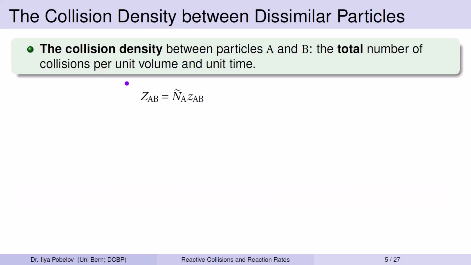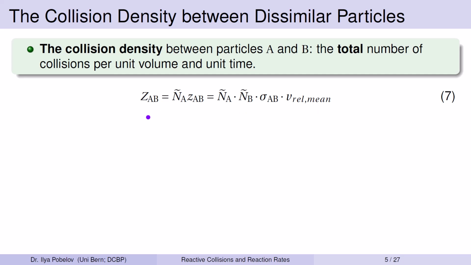The collision density between particles A and B, that is, the total number of collisions per unit volume and unit time, is equal to the particle density of A multiplied by the collision frequency of a single particle A with particles of type B. This results in a final expression.